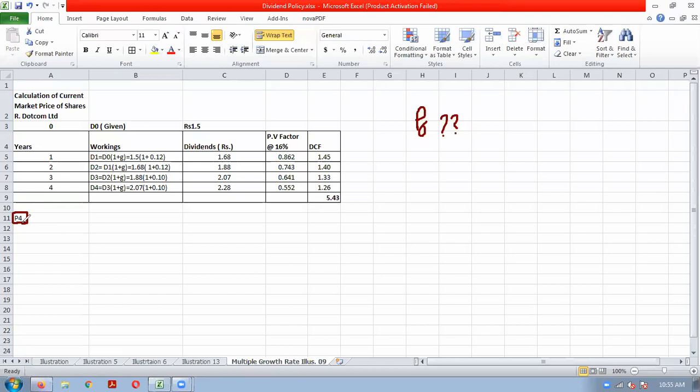Anybody can tell how we will find P4? We have to find P0, but before that we will have to find P4. Why P4? Because the last year we have stopped at is 4. So first we will find P4.